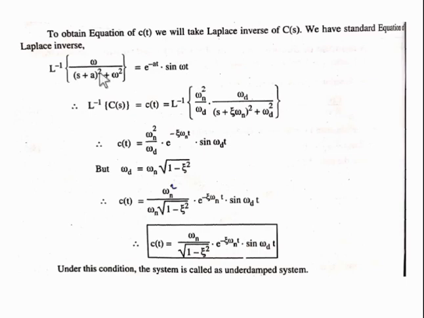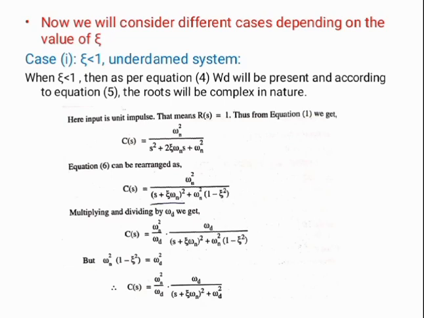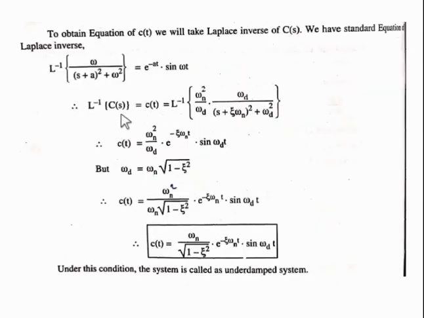In the same manner, taking the Laplace inverse of C(s), the term omega n square by omega d is the constant term, so we take it outside of the Laplace inverse. The remaining term is the same as this.